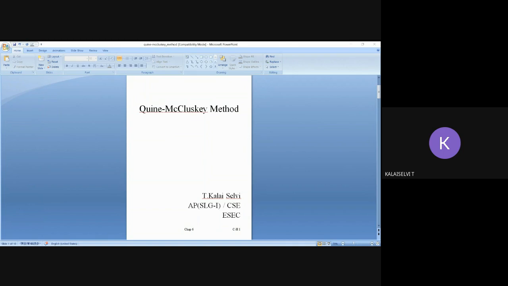In such a way we have to write the binary designators for all the minterms given, and group the minterms with respect to the number of ones. In the first group, that is group 0, we have minterm 0. In this, there is no one, so it is considered as group 0.